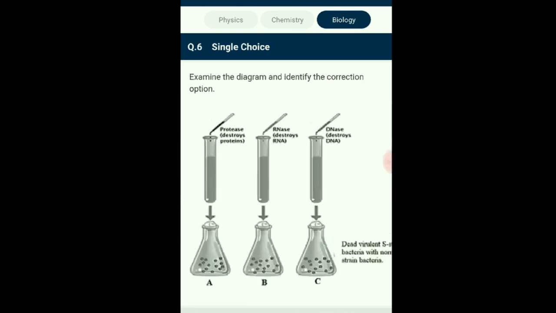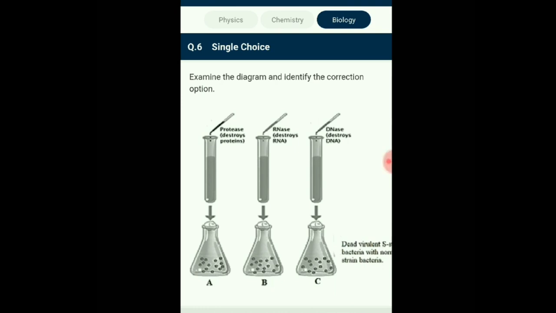Question number 6. In the diagram, identify the correct option. The liquid extract from dead virulent S strain bacterium mixed with live R strain bacterium is present in the culture vessels A, B and C. Different enzymes were added to the culture vessels and a brief incubation was given for the growth of the organism. The culture vessels A and B will undergo transformation and new S cells appear mixed with R cells, and in vessel C transformation does not occur.